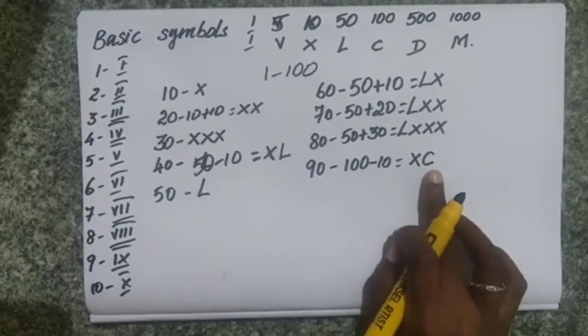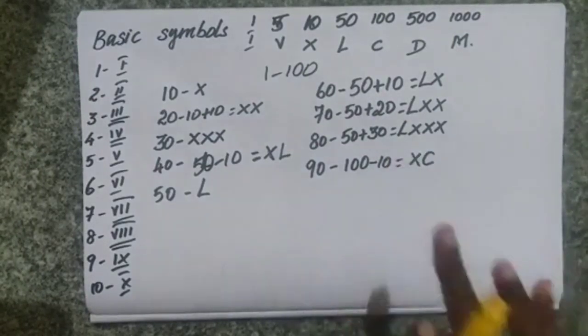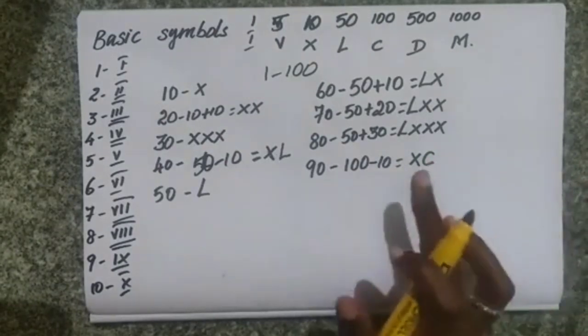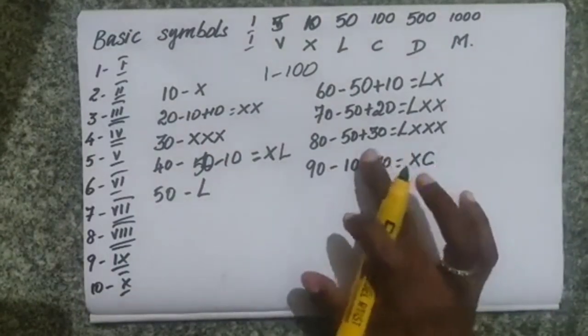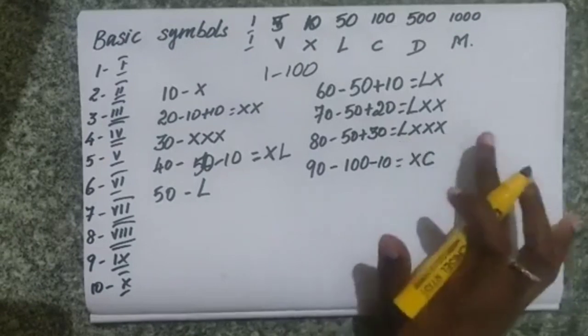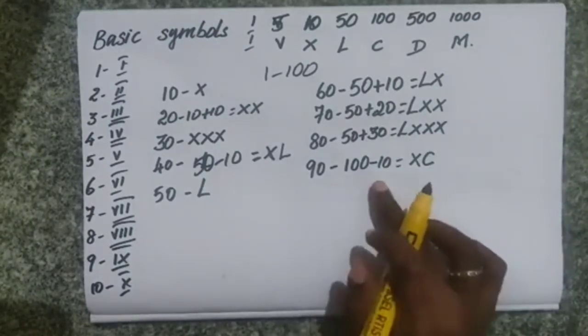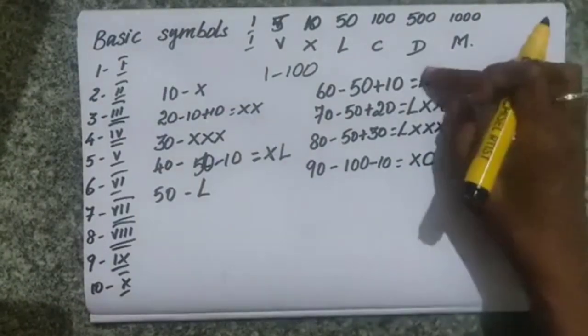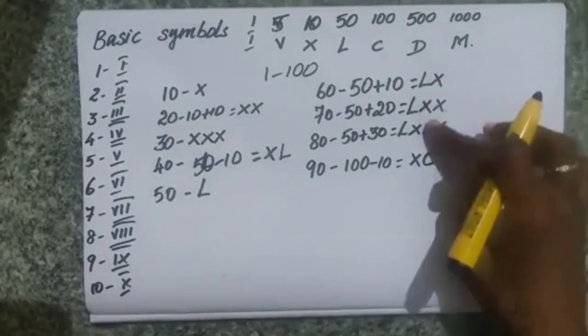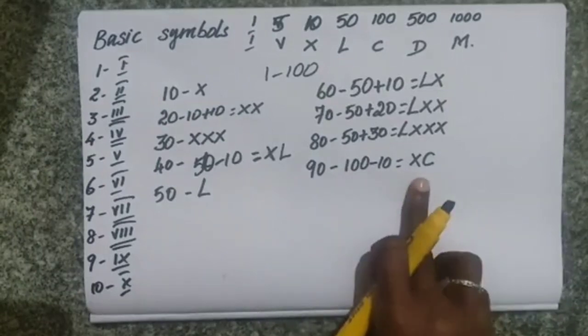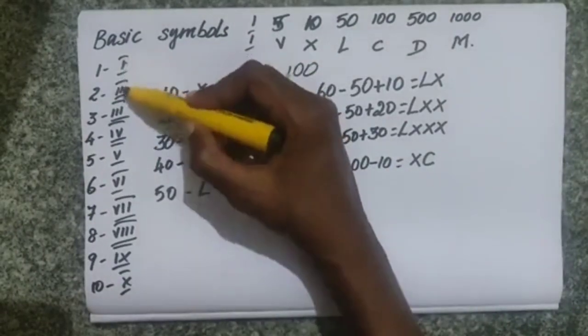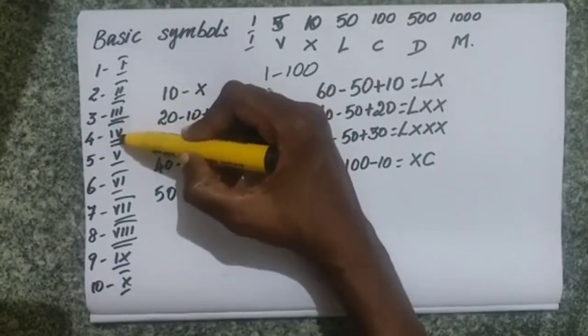So 90, keep in mind, you cannot write it as 9 tens, and it is not 50 plus 40 where you repeat 10 four times. So it has to go for subtraction. Only 3 times it comes in addition. After 3 times it will come for subtraction. Always remember, here also you see 3 times it is addition, then after that it is minus.